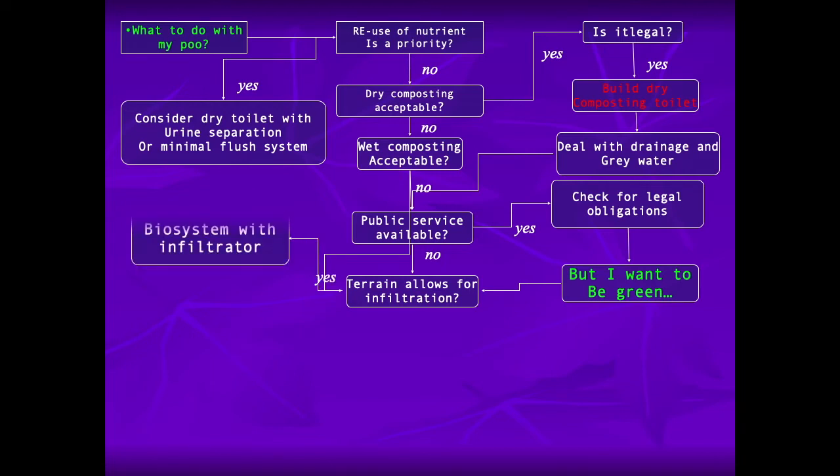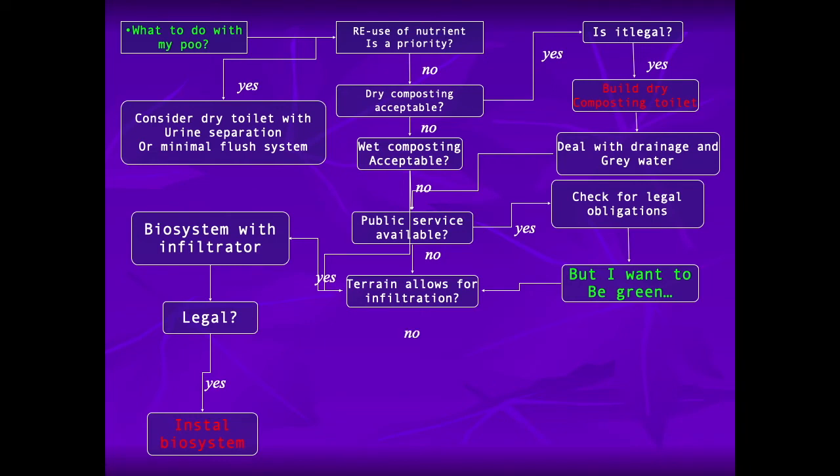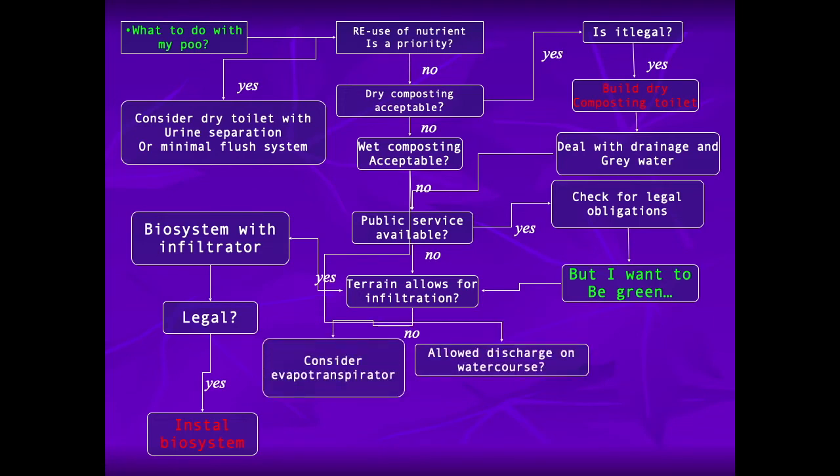If you want to be sustainable, if you want to be green, consider the evapotranspirator that we're going to show you in a minute. Consider also where you're going to allow discharge of this water. If you're planning to have more water leaving your system, where is this water going to go?